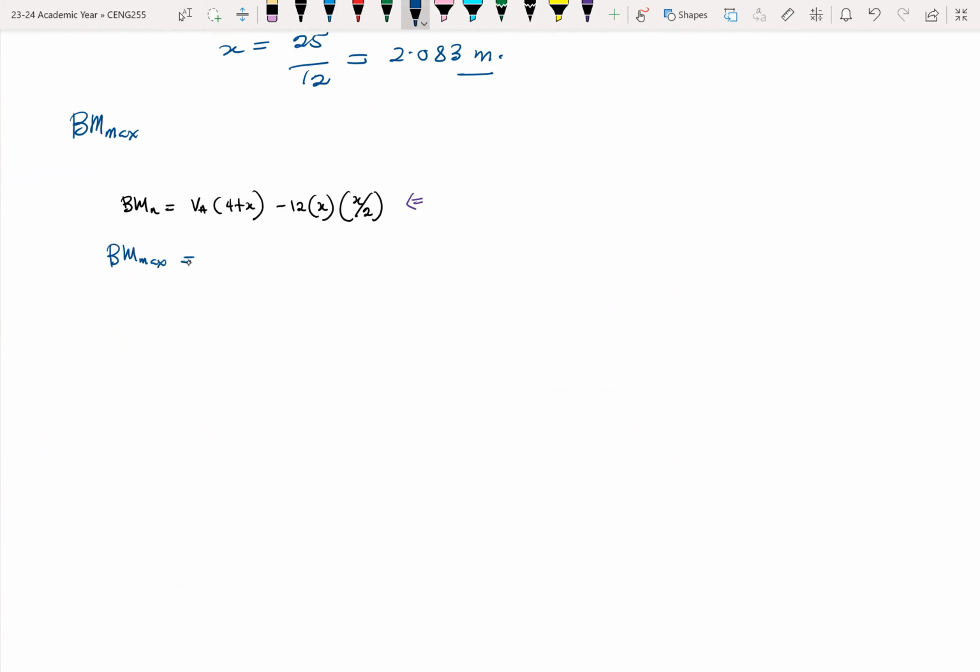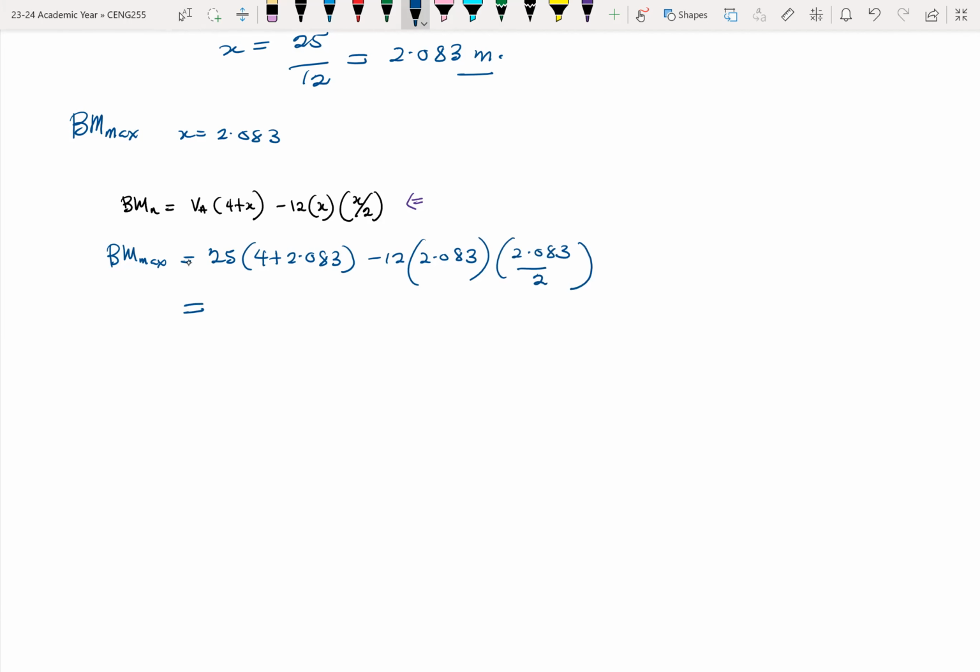So in that case, bending moment max is equal to, so here, this x is equal to 2.083. It becomes 25 times 4 plus 2.083 minus 12 times 2.083 times 2.083 over 2.